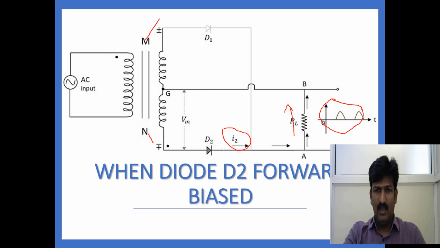It means that both currents pass through this RL.